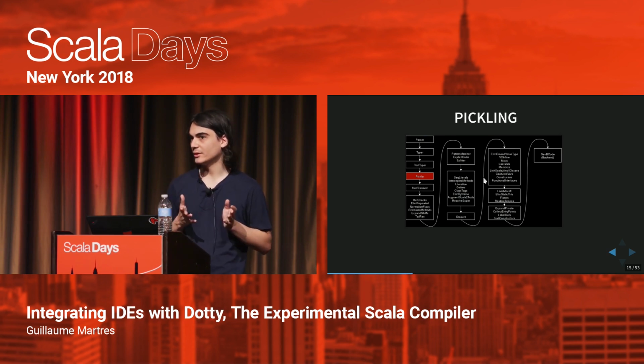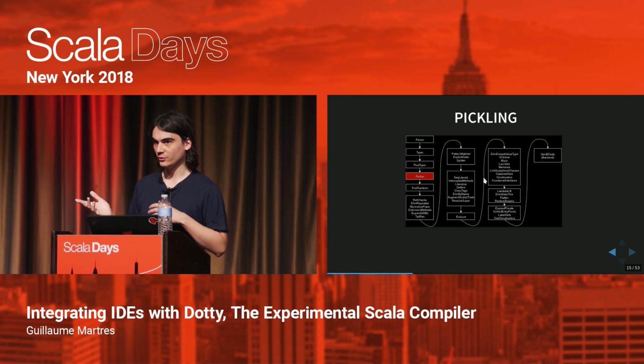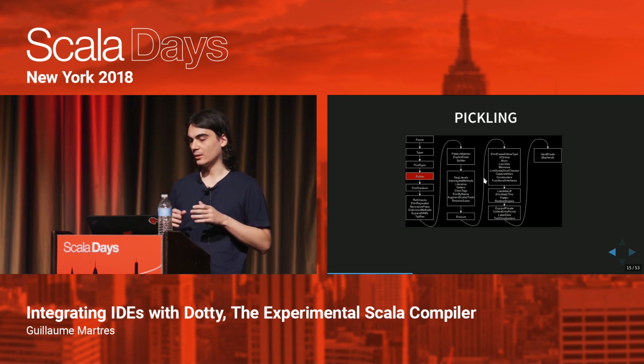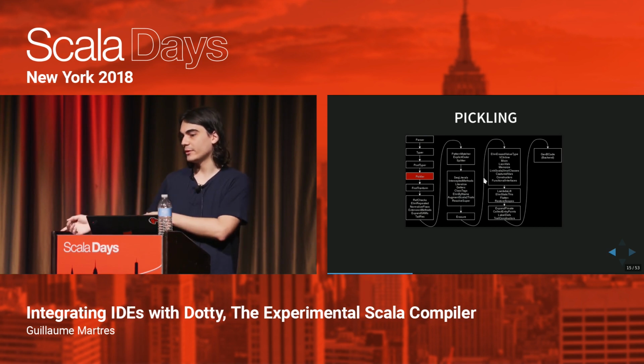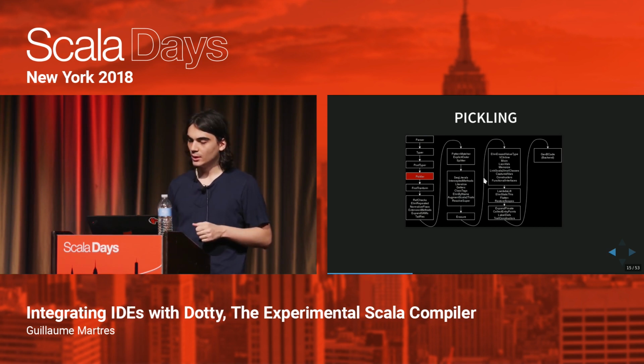Certainly it doesn't know about hierarchy type parameters or any complicated type features. So all of those disappear from the bytecode, but we still need to store them somewhere so that we can reuse them when we do separate compilation, when we read some class file of a library you're using.